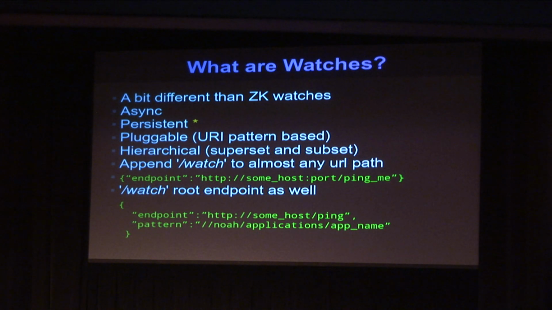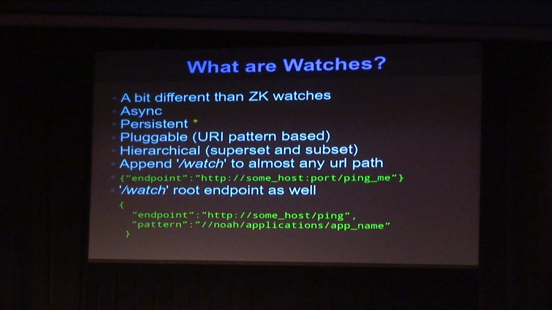It's hierarchical in the sense that it has superset and subset restrictions. If I add a watch to /applications, that means anytime something changes in /applications, I'm going to fire a watch to the endpoint, the concerned party, every time a change happens. If I were to allow registration of another watch for that same endpoint under /applications/myapp, it would get notified twice.